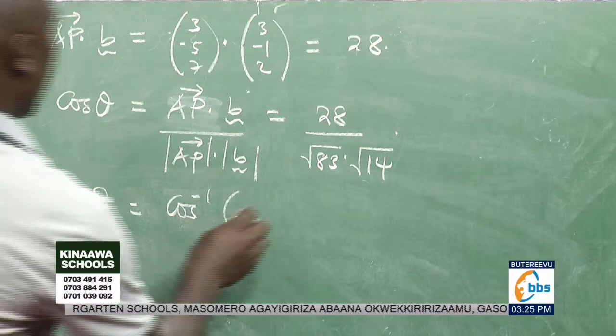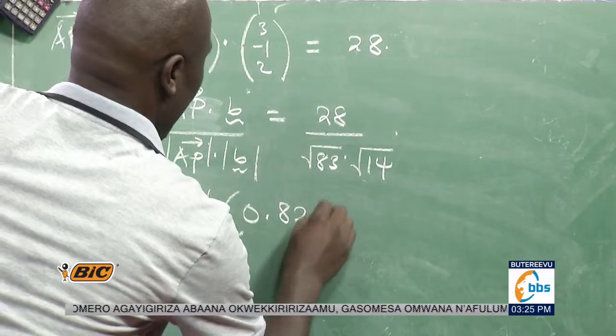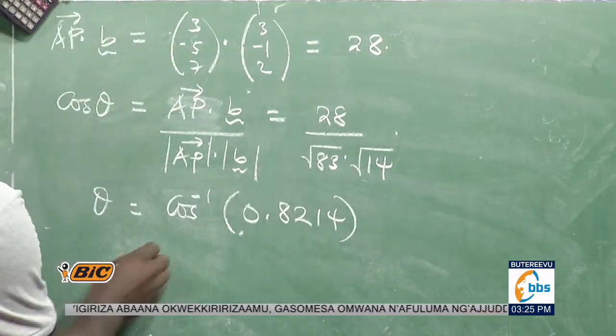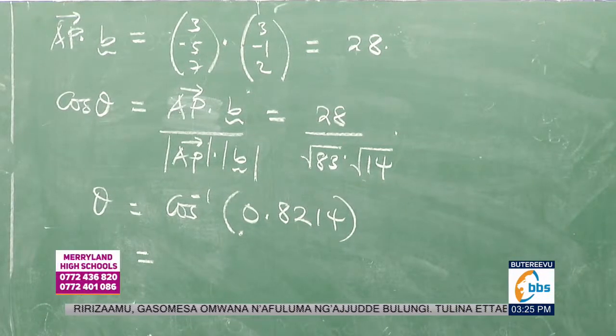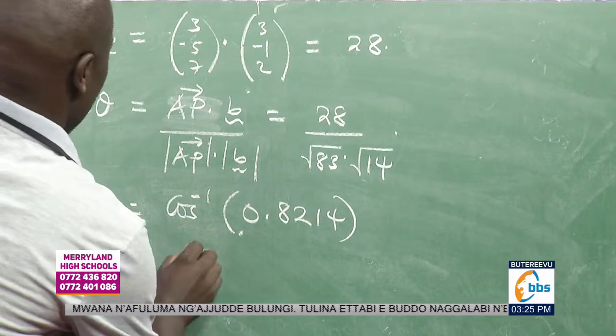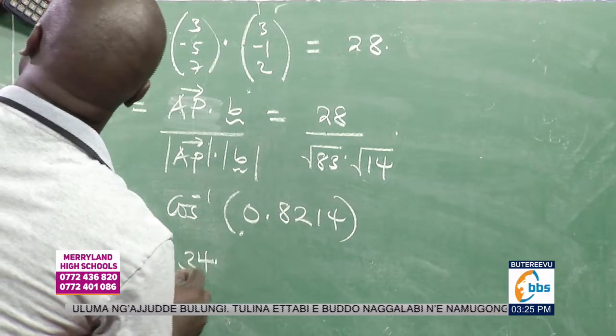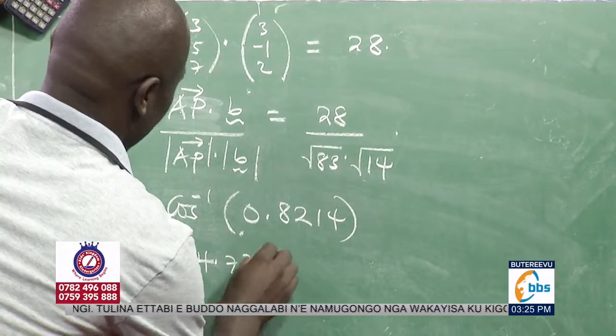This is 0.8214. And so theta is going to be equal to the cos inverse of that, which is 34.7748 degrees.